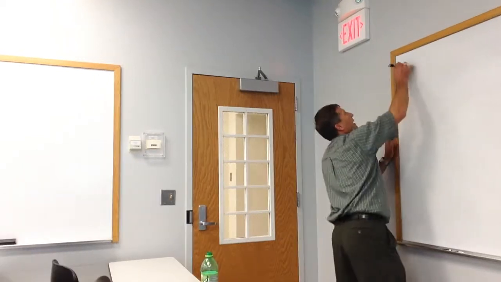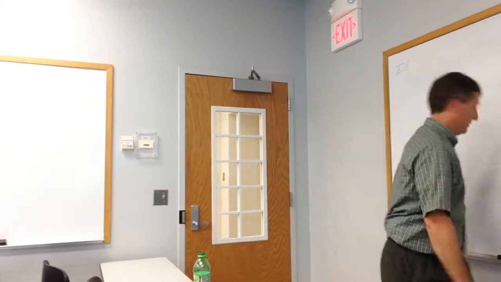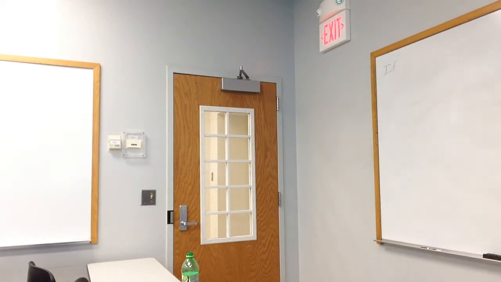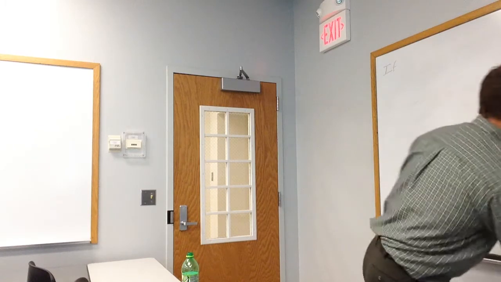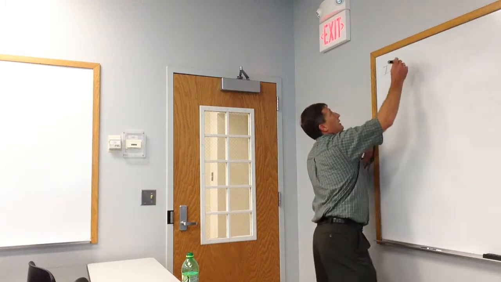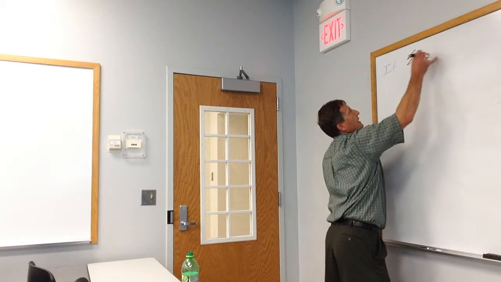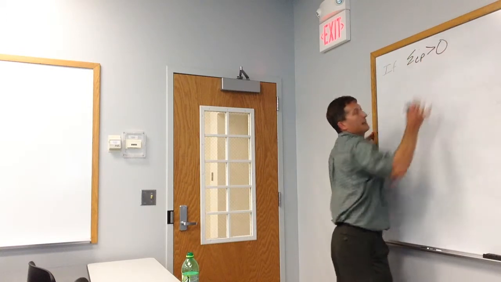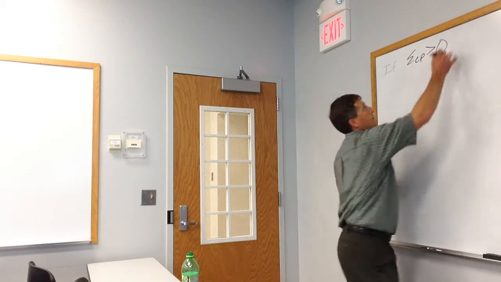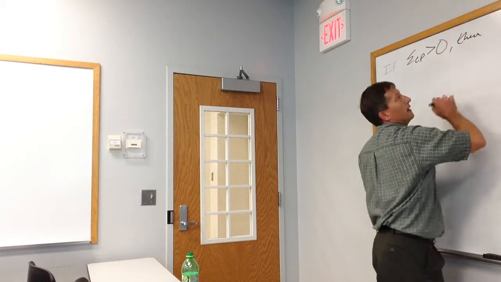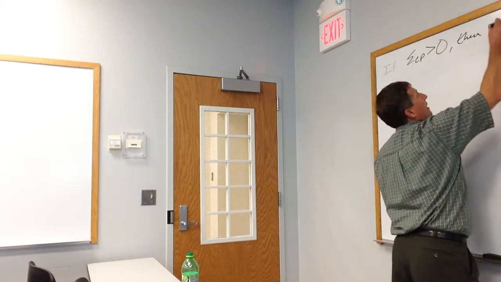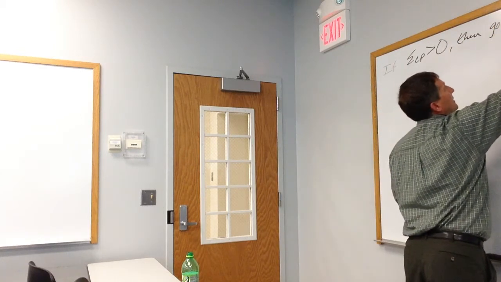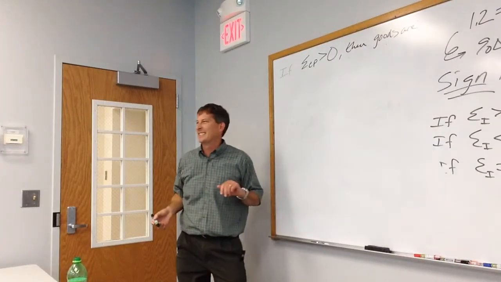So, if the cross price elasticity is greater than 0, then the goods are substitutes or complements.